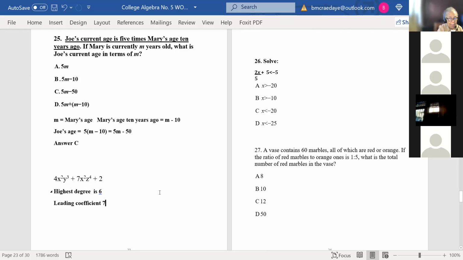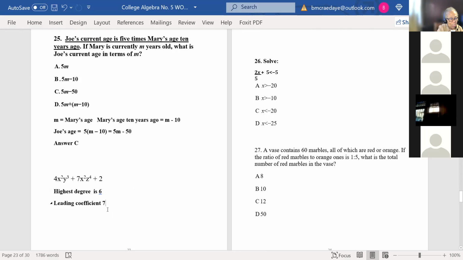Okay. You got it? I think so. So if I gave you like 7 terms, then you've got to add up the powers on each term, and the one that has the highest number, that's the degree. That number is your highest degree. So if it adds up to 10, then 10 is your highest degree. Questions? I hope I can remember that.